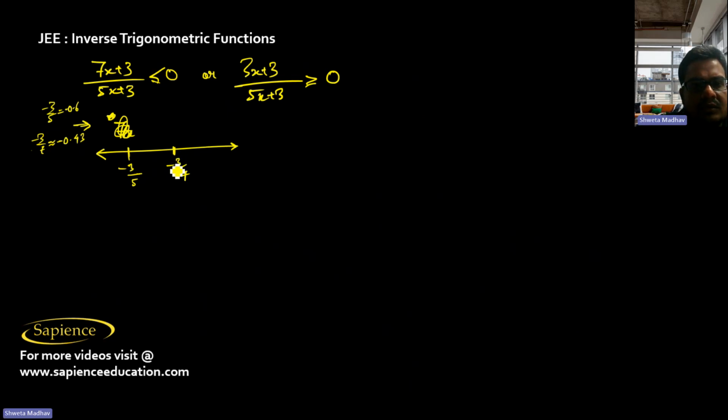If I put x as 0, which is more than minus 3 by 7, it will be positive. So this is positive, negative, positive, and we need only the negative part. And x should not be equal to minus 3 by 5, else the denominator will become 0. Therefore x should belong to minus 3 by 5 to minus 3 by 7, where minus 3 by 7 is included, but minus 3 by 5 is excluded.